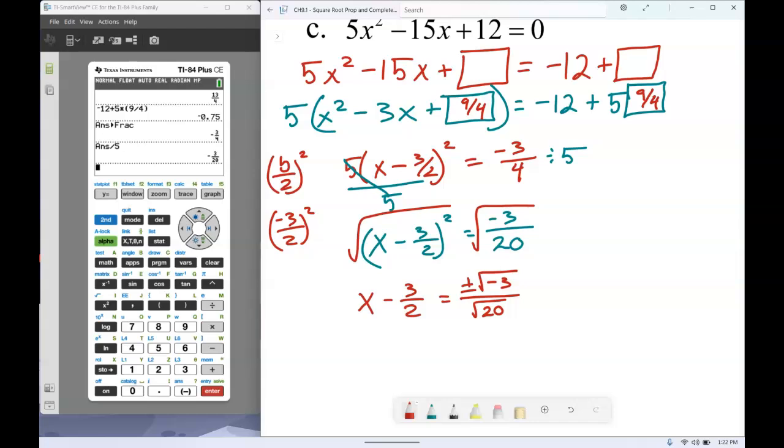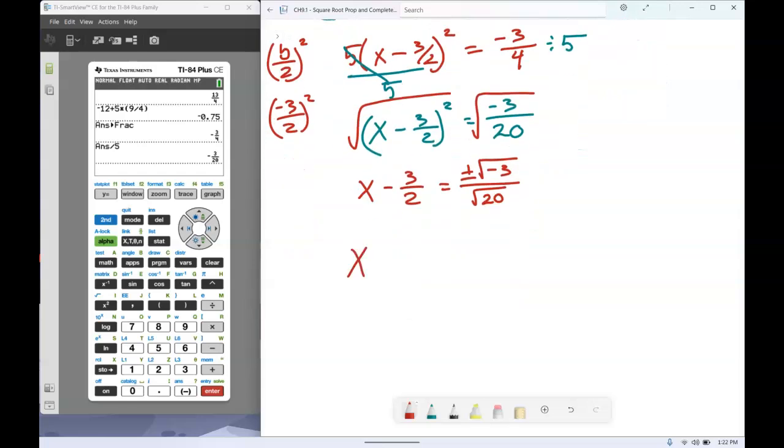Just note there's going to be more simplifying. I recommend simplify the radical first, then rationalize it. The 20 splits into 4 and 5, so the square root of 4 is 2. So we have plus and minus root -3 over 2 root 5.